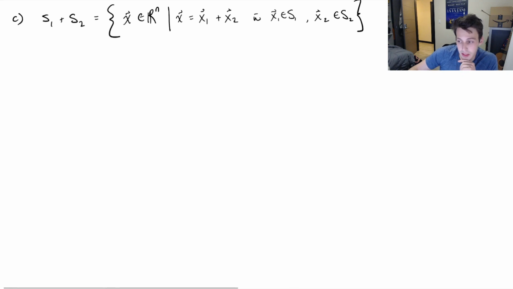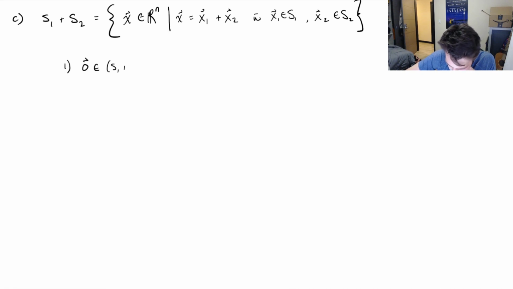So let's think about this. Let's go through the exact same process that we would. Does the 0 vector exist? Is the 0 vector in S1 plus S2? Well, the 0 vector is in S1 because S1 is a subspace.